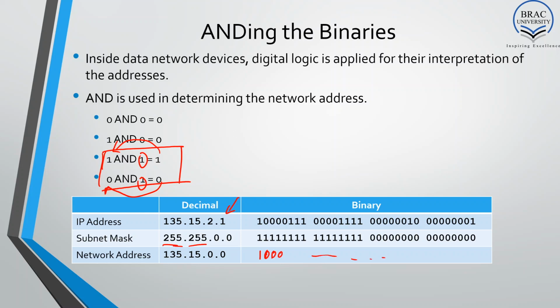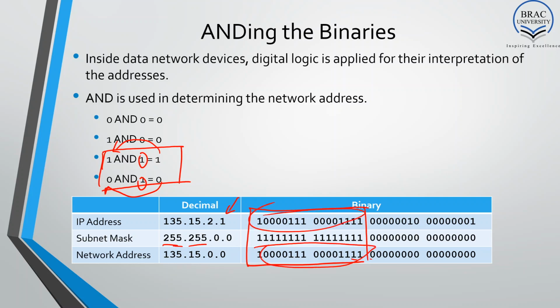You get the idea. You go till this point, and then if you AND 0 with anything, it's fully 0. If you see the result, this part is the same, but this became 0 because the routers don't care about the host part. It only cares about the network because it needs to take you to the network, not the host.